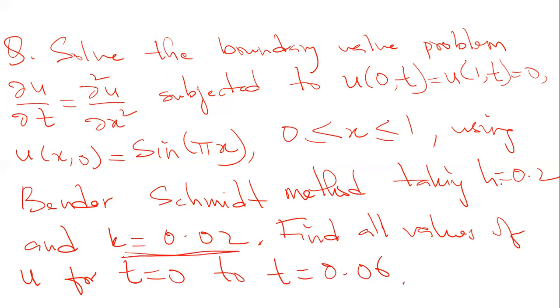The step size along the x-axis is 0.2. The boundary of x lies between 0 and 1, and the boundary for time is from t equal to 0 to t equal to 0.06, and the step sizes are 0.2 and 0.02 respectively.